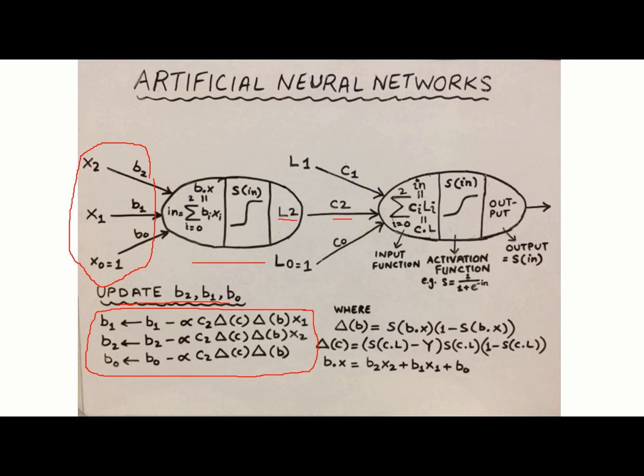The expressions are very similar to those used to update A's, except that we have B's here from the previous iteration and delta B instead of delta A, where delta B is S(B·x) times 1 minus S(B·x), where B·x is basically the dot product between B and x, essentially equal to B2x2 plus B1x1 plus B0. So this quantity over here.